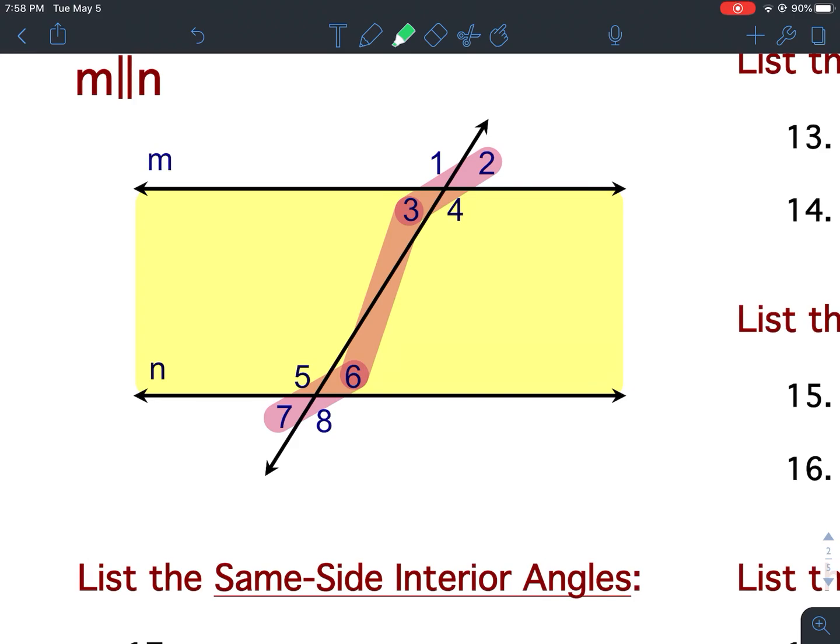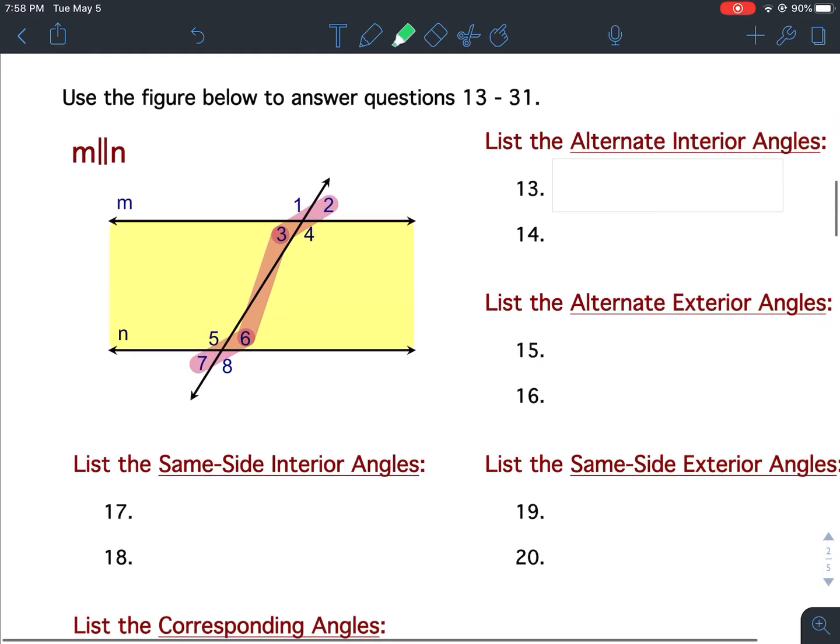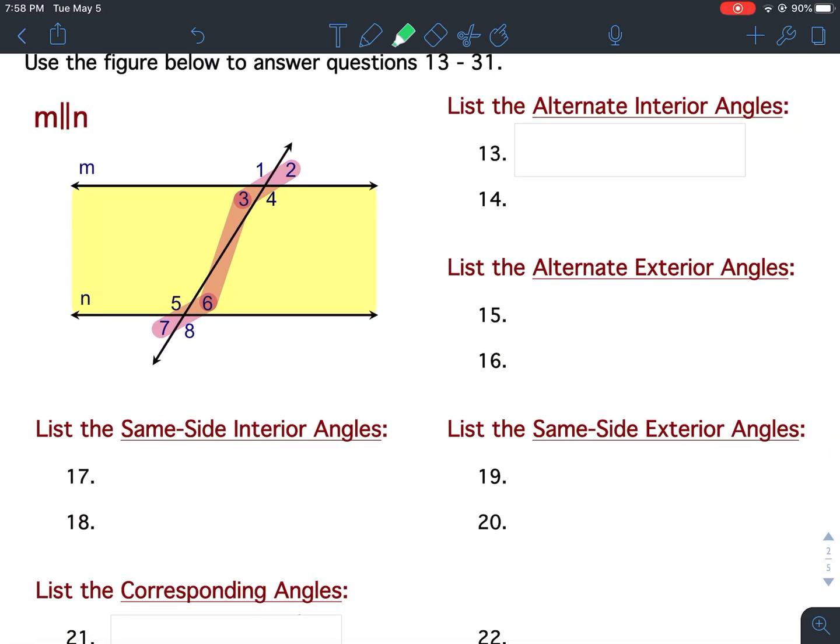So 3, 4, 5, and 6 are in the interior, where 1, 2, 7, and 8 are in the exterior. So again, 3, 4, 5, and 6 are in interior, 3 and 6 are on opposite sides, and remember these angles are never adjacent. They're never side by side, so it can't be 3 and 4. So my first pair of alternate interior angles is angle 3 and angle 6.